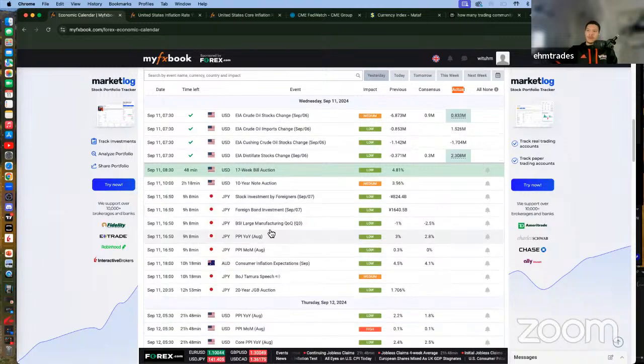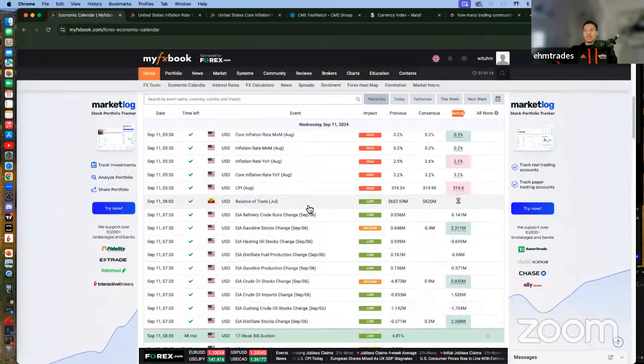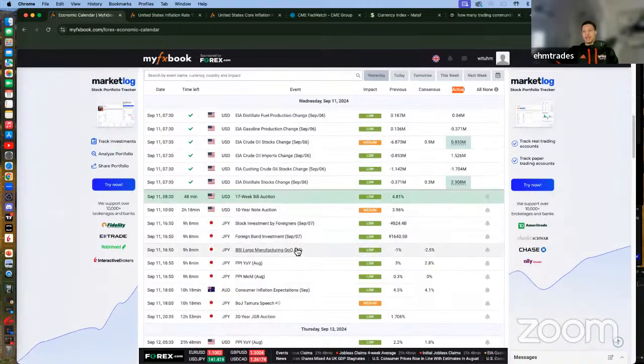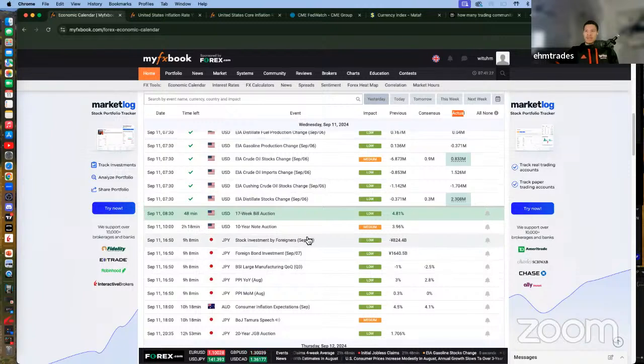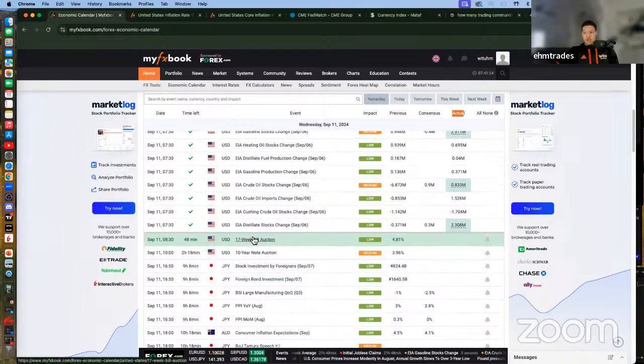There's a few other things in terms of JPY that I'm not going to get into at this time, that I'll get into at a later time when I'm more familiar with them. But yes, the government securities, we can use that to gauge how it's going to affect our dollar. Even though they sometimes appear as low impact folders, we can still use it to gauge how it's going to affect the price of the dollar.